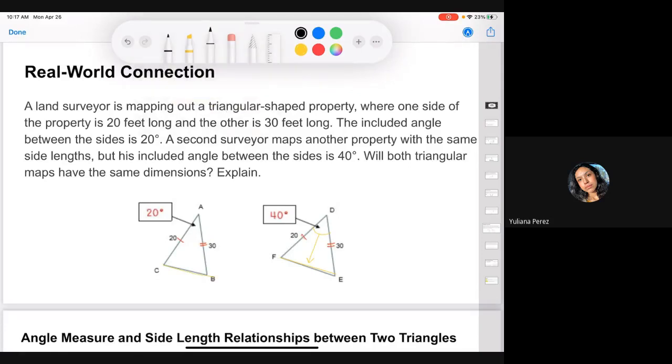That being said, because FE is greater than CB, that tells me that the dimensions will not be the same, right? Because if FE is larger than CB, well, then the dimensions are obviously not the same. One's going to have a larger third side than the other because the included angles are not the same. Okay, any questions about this?